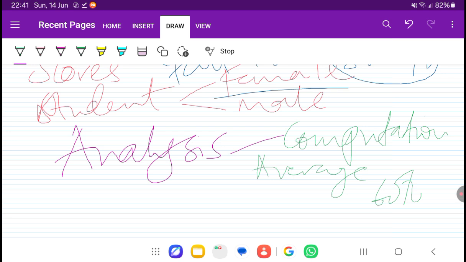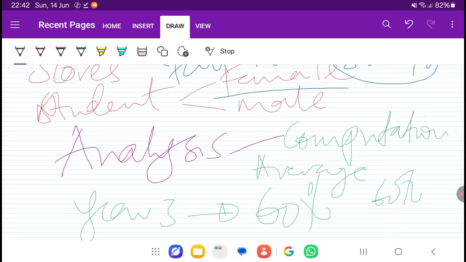Depending on the information that you have, you can also try to compute the modal mark, where you can look at, in such a year, maybe in year 3, the majority of the students scored 60%, and that's our modal mark, because we know the mode is, you look at how many students have gotten that class or the mark with the highest frequency.